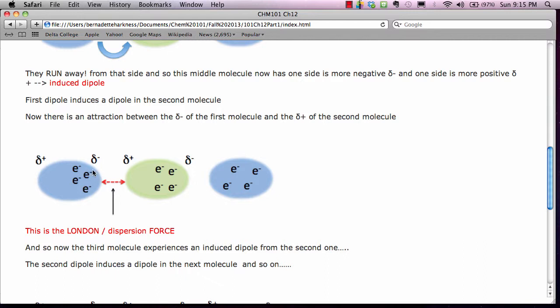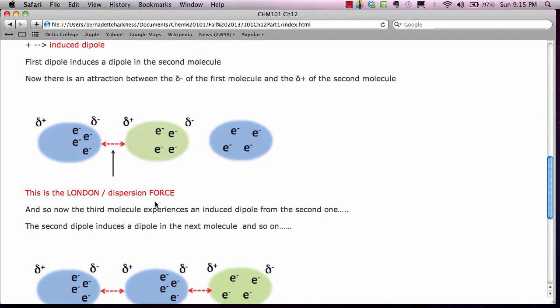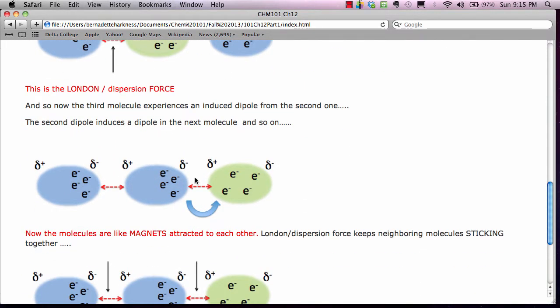This attraction between the negative side of one molecule and the positive side of the other is what we call the London force, or the dispersion force, because it just happens as the molecules and their electrons are moving around. Then it propagates.